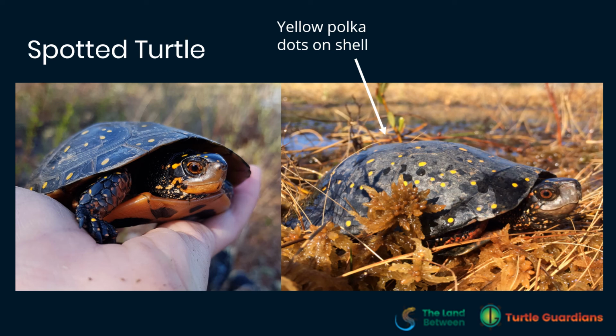It's pretty irregular, not very patterned, along its face and along its front limbs. They're a tiny turtle, so they're similar in size to the eastern musk turtle. And they're very rare in Ontario, so it's not likely that you would see one, but the habitat that they do prefer is bogs and fens.